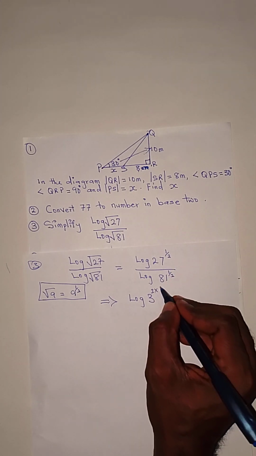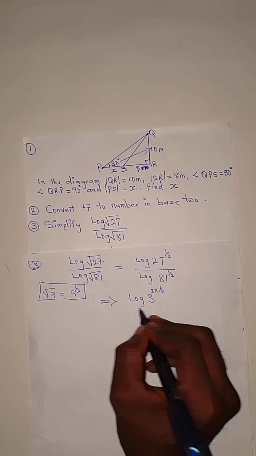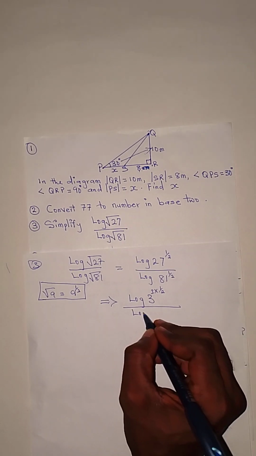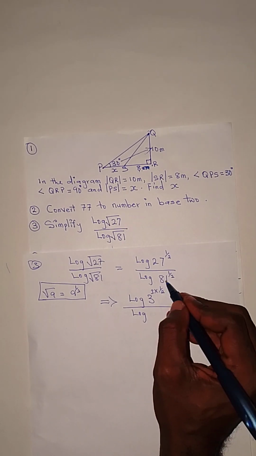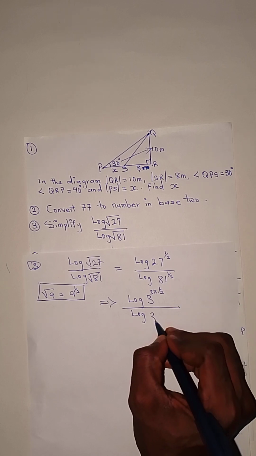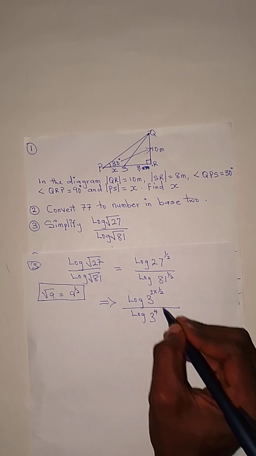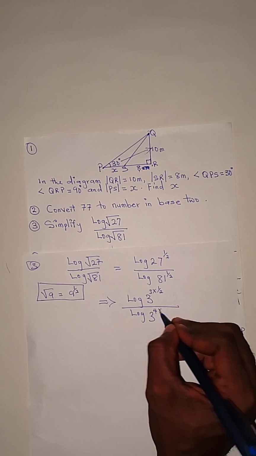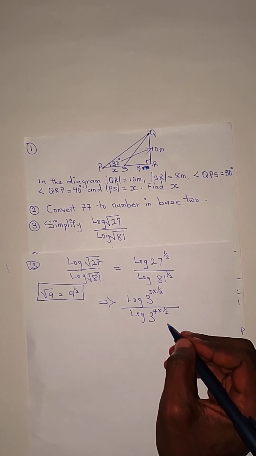So multiply this 3 by 1 all over 2 all over log. Now this 81, 3 raised to power 4 will give us 81. So I'm going to have 3 raised to power 4, then multiply by this 1 all over 2.